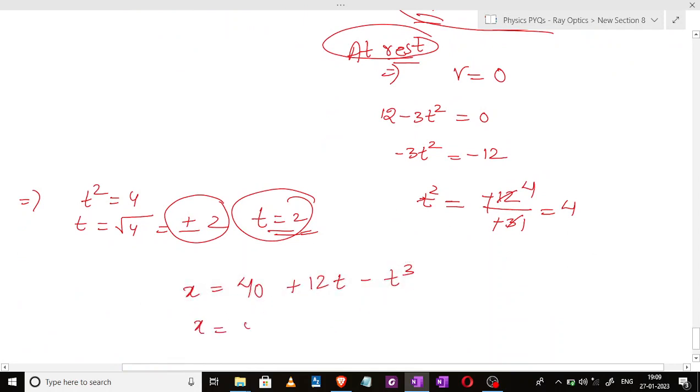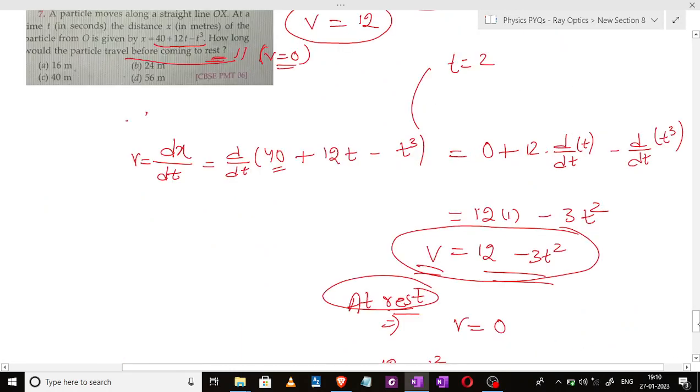So here put the value of t as 2: 40 plus 12 into 2 minus, in place of t cube we write 2 cube. So this will be how much? 40 plus 12 into 2 is 24, minus 2 cube is 8. 40 plus 24 is 64 minus 8 is 56 meters, right? So it is option number D, 56 meters.